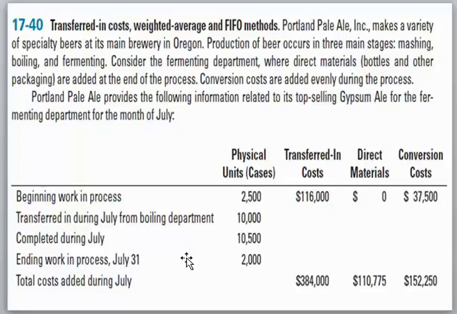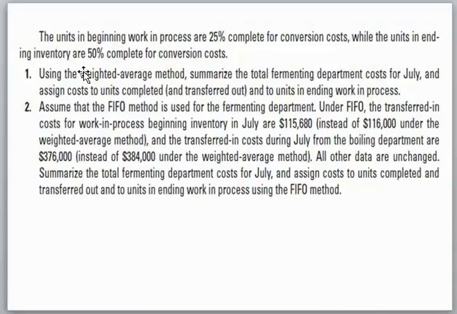Ending work in process 2,000. Total cost added during July for transferred in cost 384,000, direct material 110,775 and conversion cost 152,150. The units in beginning work in process are 25% complete for conversion costs, while the units in ending inventory are 50% complete for the conversion cost.